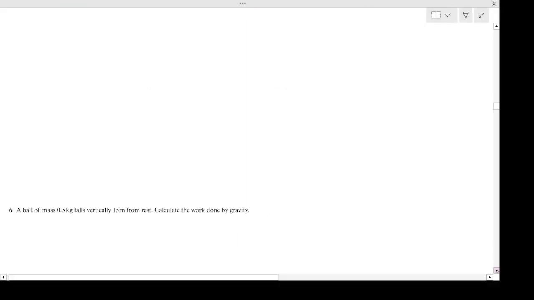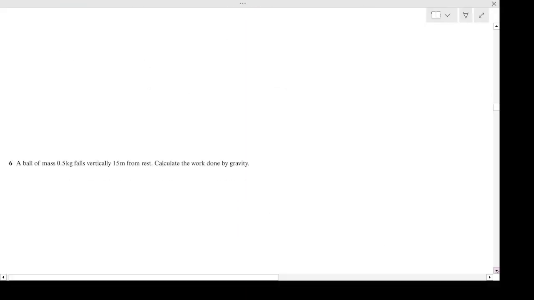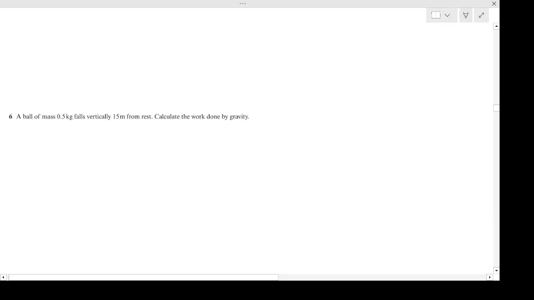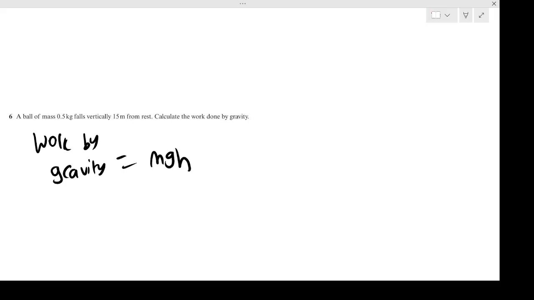Let's have a look at some examples. Here we're told a ball of mass 0.5 kilograms falls vertically 15 meters from rest. Calculate the work done by gravity. So we're going to be using the work by gravity formula, mgh. We know that the mass is 0.5.